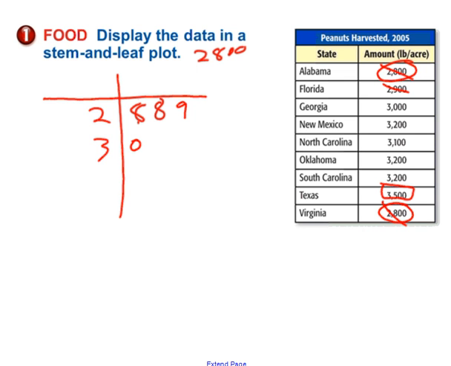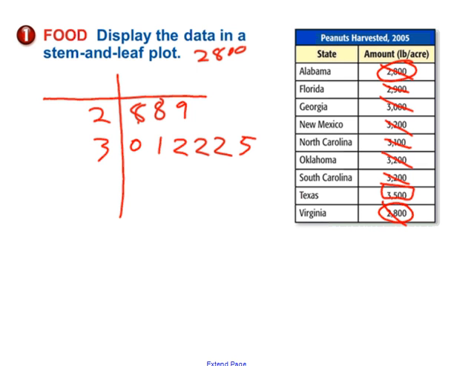I've got 30, 31, and 32, actually 32 three times. And then the last one that I have is 35.